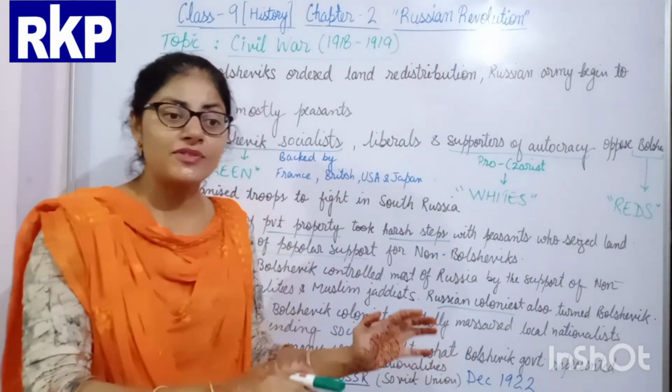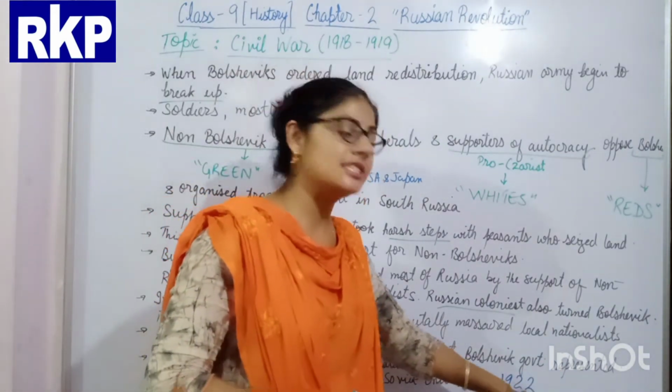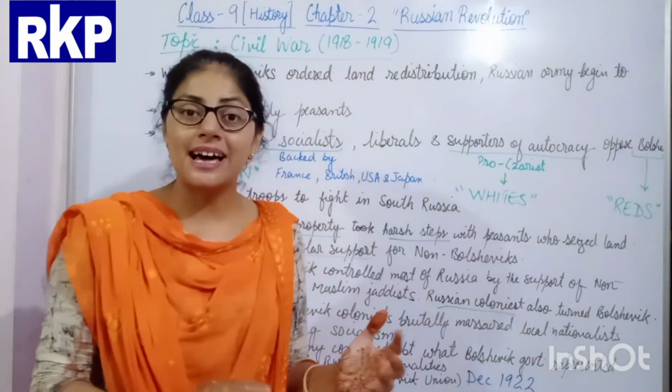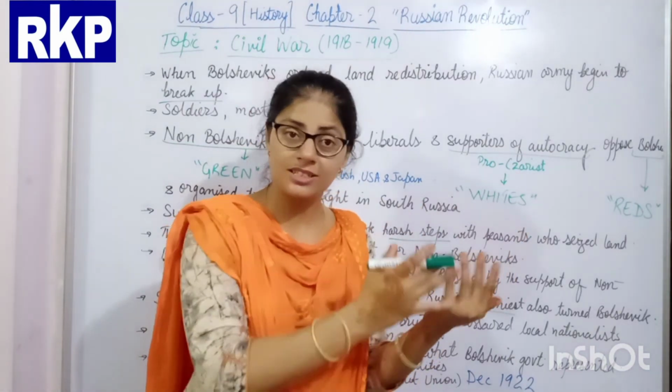Students, after the October Revolution, in December 1922, the USSR was established. Earlier it was the Russian Empire under the monarch.